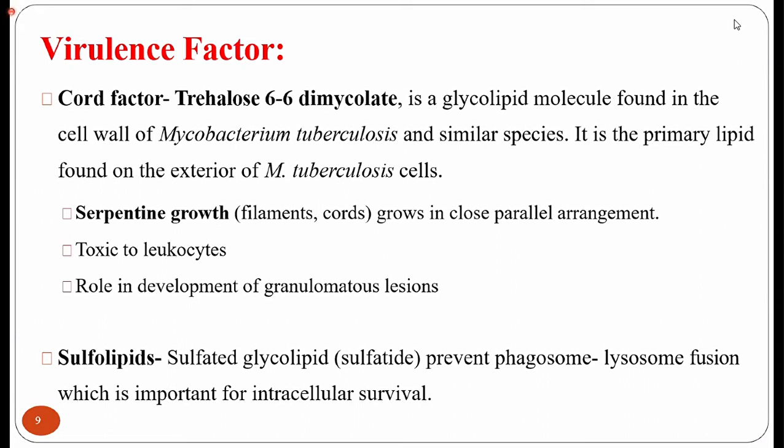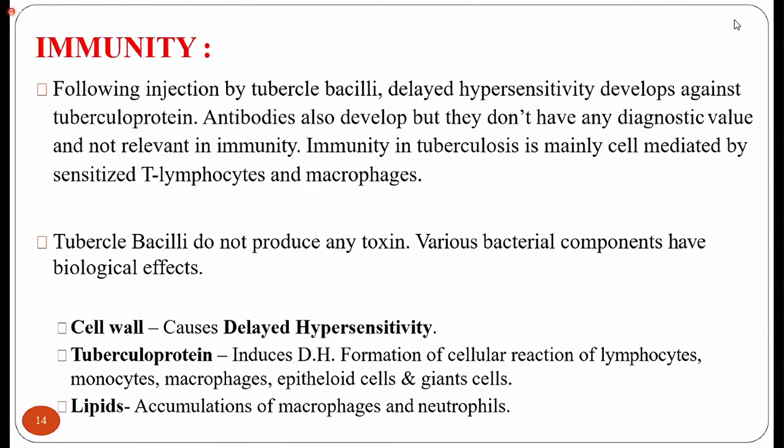Sulfolipids are one of the substances, a very important virulence factor for TB, because they prevent phagosome-lysosome fusion, which is important for intracellular survival. That's why TB survives in the macrophage, survives intracellularly, and the presence of sulfolipids allows the TB to survive for a longer time.